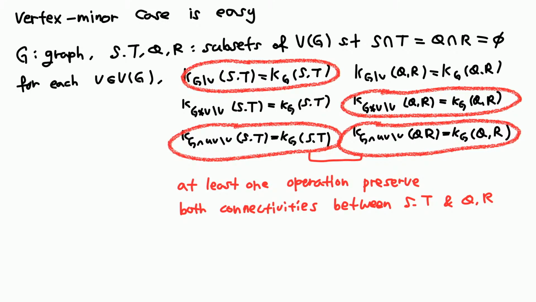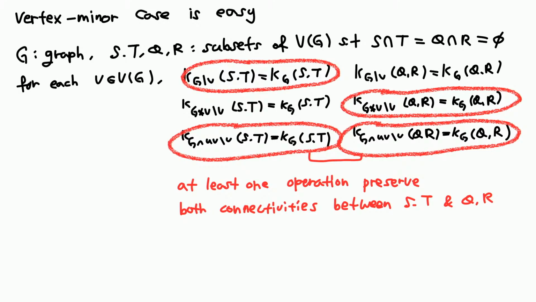but I want to remark that the vertex-minor case is much easier, because for the vertex-minor case we only need to find one operation that keeps both connectivities.